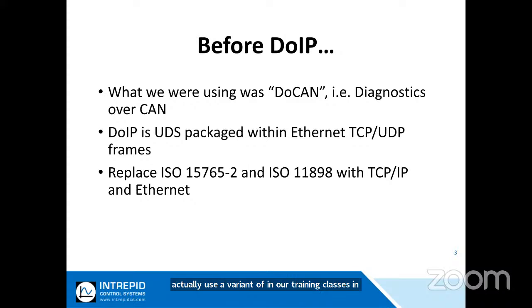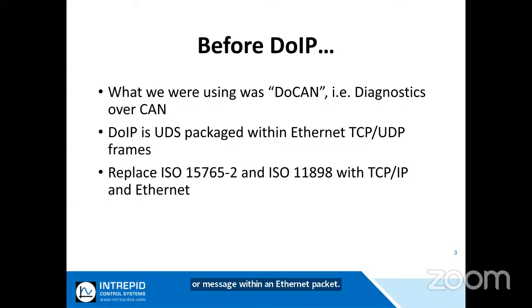But DoIP, very simply stated, is you're taking UDS or other protocols, actually can be done, but primarily UDS diagnostics, and you're packaging the existing UDS frame or message within an Ethernet packet, essentially via TCP.